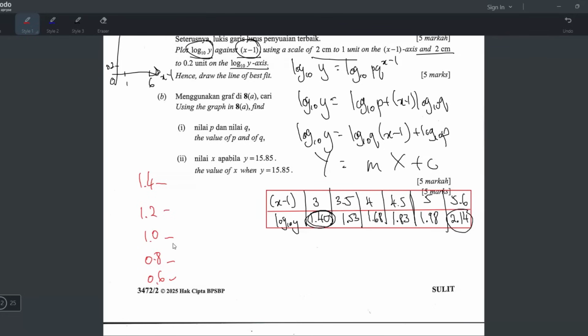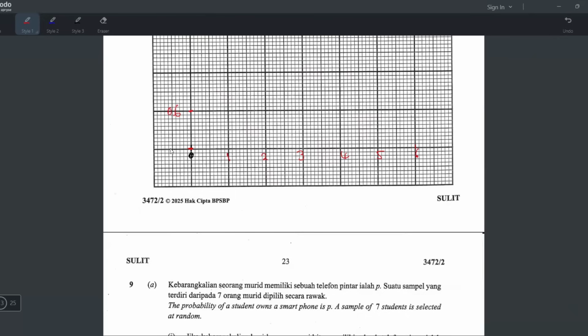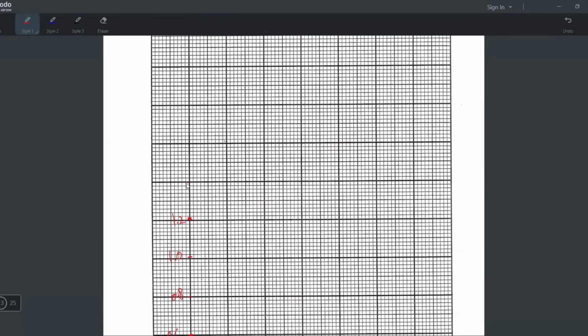So I recommend you to start from 0.6. Okay, so I will start from 0.6 here. So this will be your 0.6, and then this one 0.4 lah, like that. Then 0.8, and then you slowly go up 1.0, 1.2, 1.4. Just plus 0.2 lah.